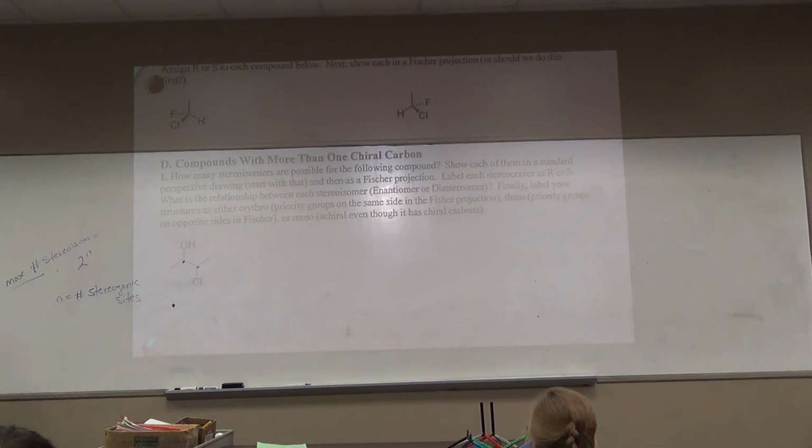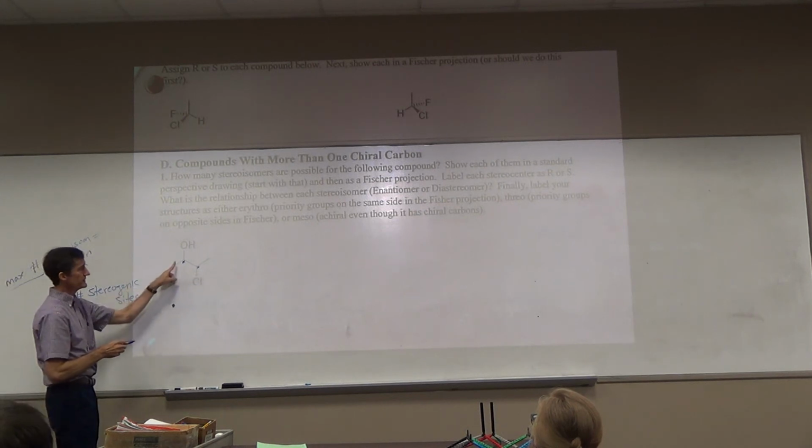A chiral carbon is a stereogenic site. What other types of sites have we seen? Alkenes are stereogenic sites, because an alkene can potentially be cis or trans. It can potentially have stereochemistry. But not all alkenes. Only one of those alkenes on the quiz was stereogenic.